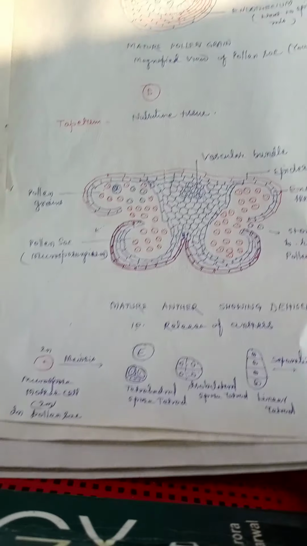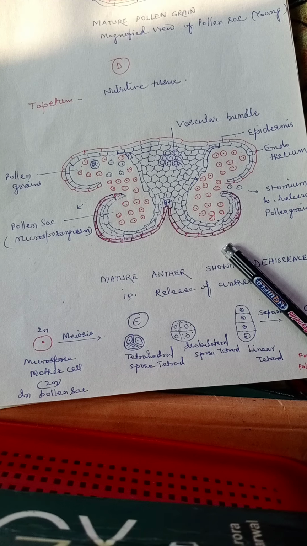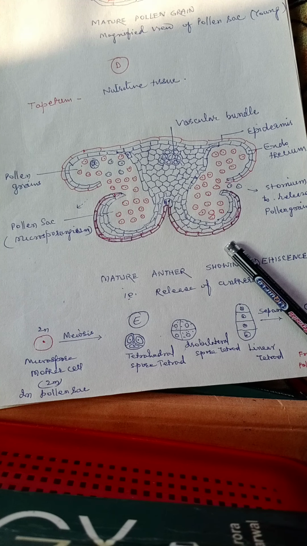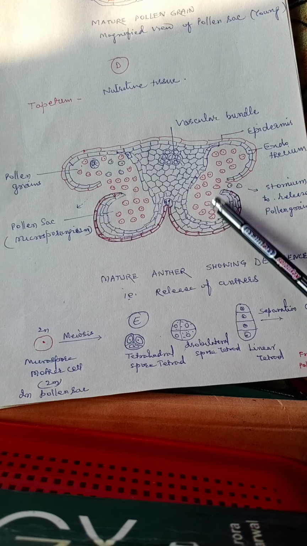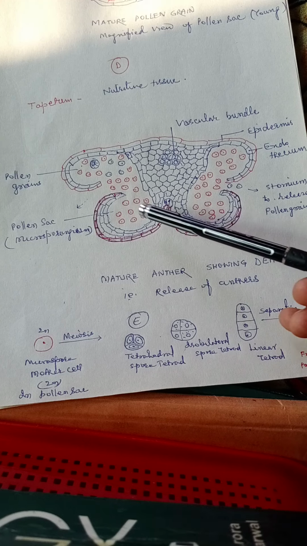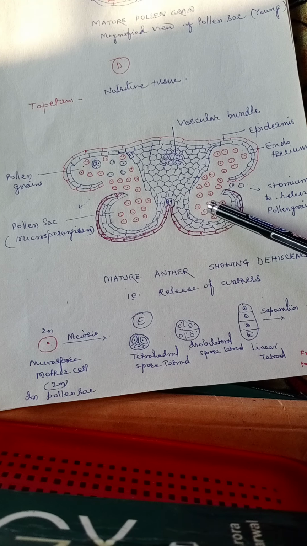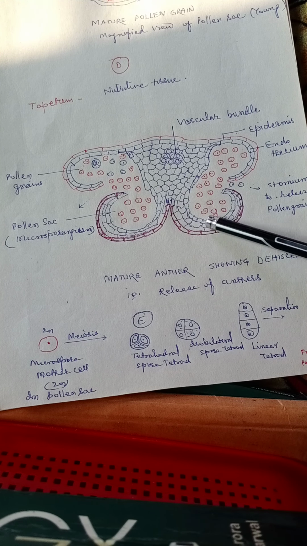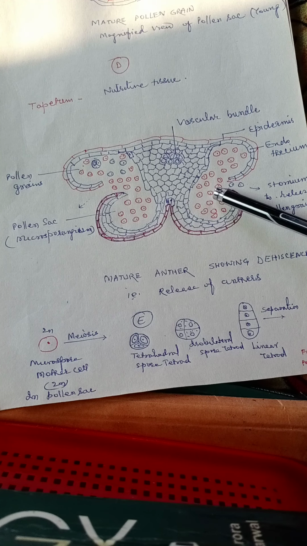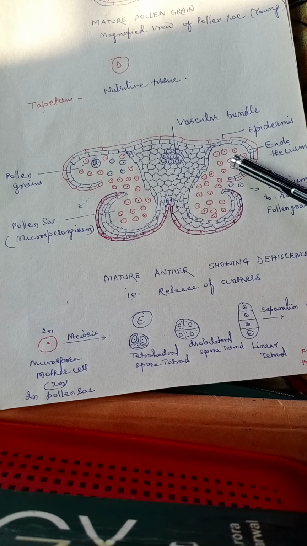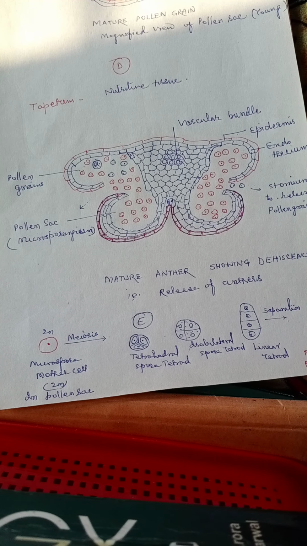This structure is of mature anther, and this is transverse section of mature anther. You can clearly see here there are 4 microsporangium or pollen sacs, and now all the 4 pollen sacs are disorganized, and there are a large number of pollen grains or microspores there in the microsporangium and in anther.